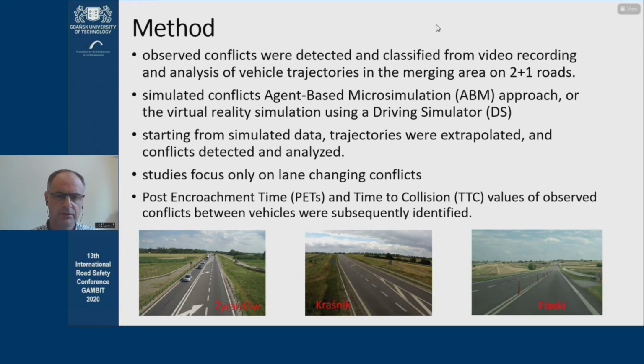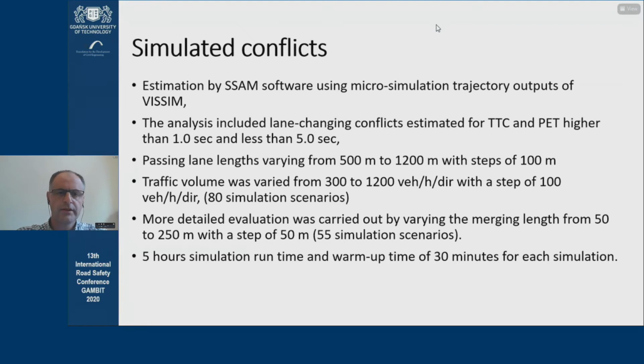So we would identify these, not in all of the environments, however, but when it comes to observation, that's PET and TTC, those were the values that we observed each time.